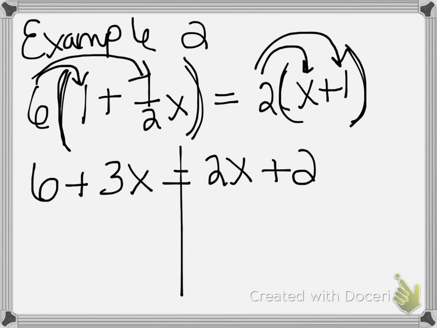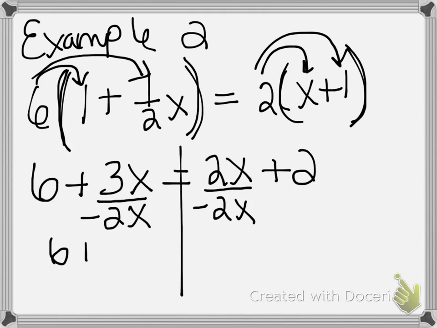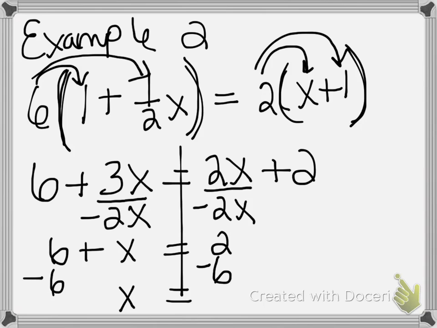Everything's pretty good, and I notice that I have 3x on this side and 2x on that side, so I know if I subtract 2 x's, I'll still have an x on this one side. So now I have 6 plus x equals 2. I'm going to subtract 6 from each side, and I'm going to have x equals negative 4.